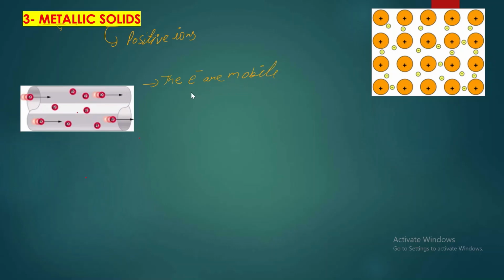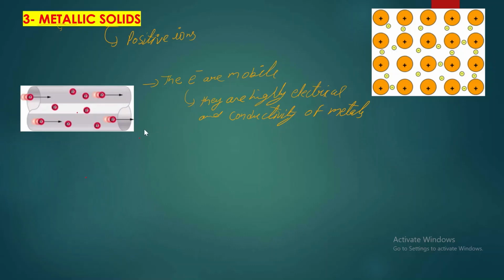Now due to the mobility of the electrons, metallic solids have high electrical conductivity. Due to the free movement of electrons, the metals are highly electrical and have metallic conductivity. They are good conductors of electricity.